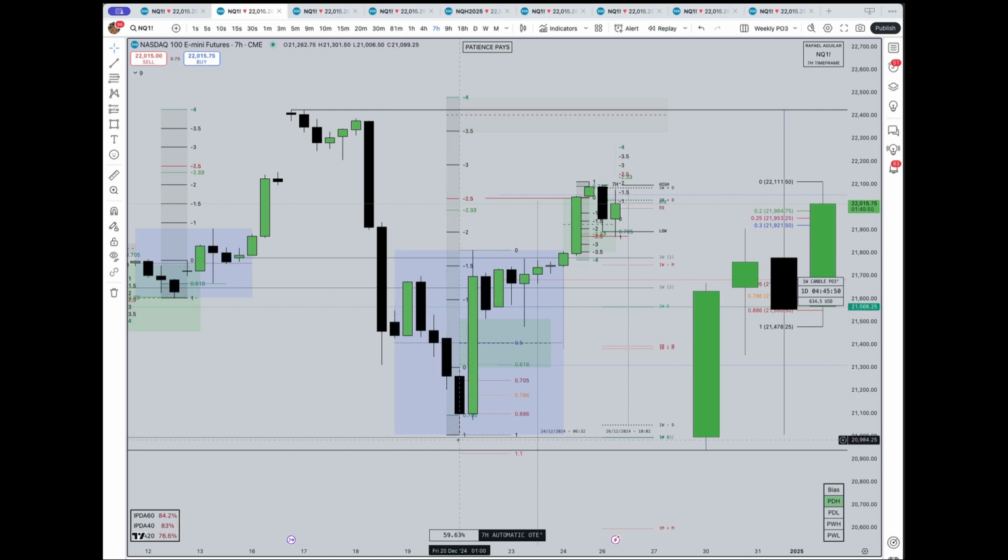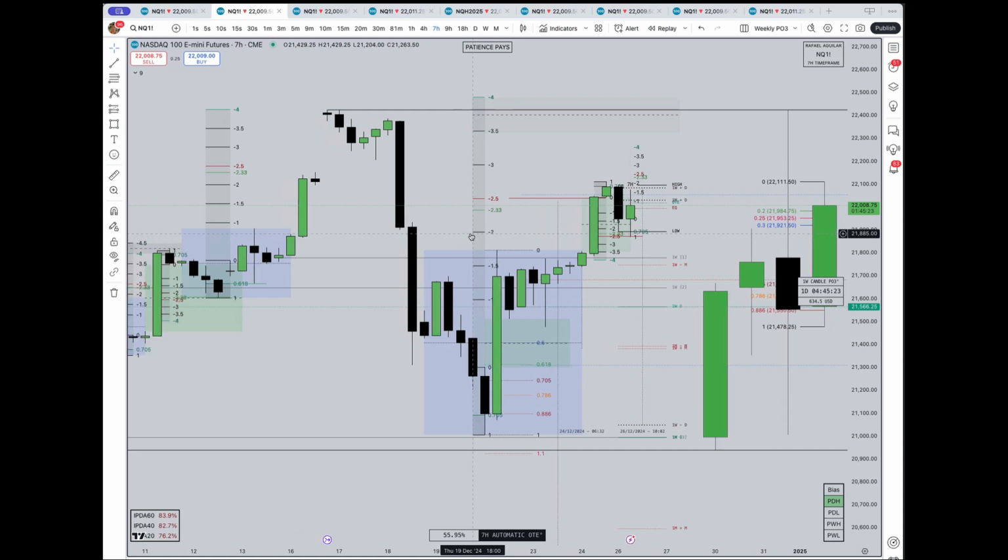If we're here, I can expect long bullish prices, something around here. Of course, the first zone that I pay attention to is always the 2.5 zone, 2.33 and 2.5, because that's more guaranteed, like the price will trade there. But if it goes above it, we need to close above this level.